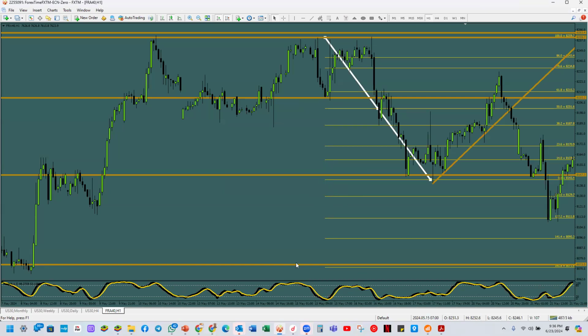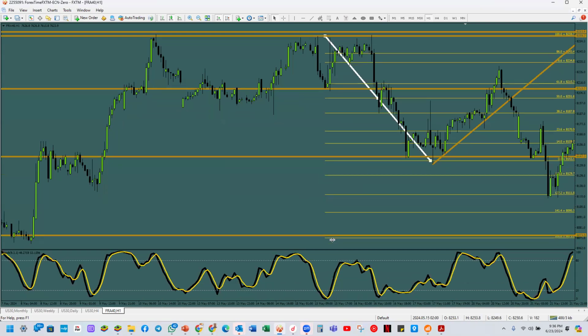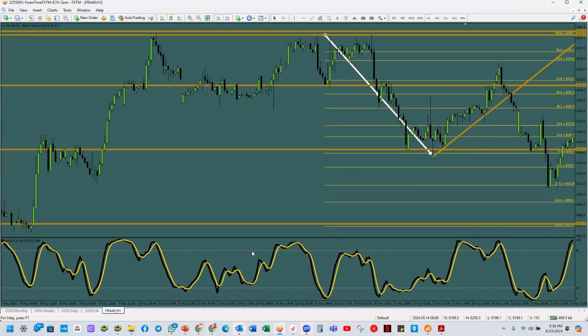Okay. So now, can you see on this stochastic, this 80, let me zoom it out a little bit. You see this line? This is the 80 line. Anytime the market gets to this place, it's telling you that the market is overbought. Anytime the market gets below the 20, it tells you the market is oversold.